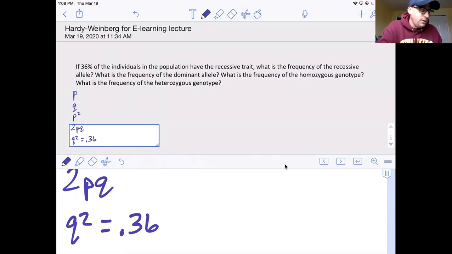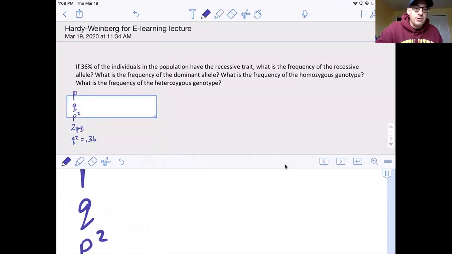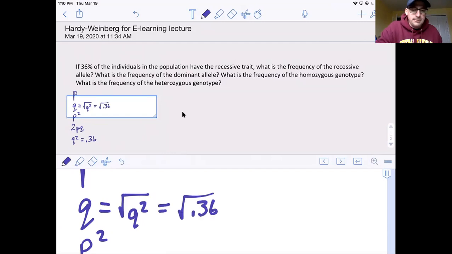Hopefully you came up with, if I know q squared, I can figure out the value of q by simply taking the square root of q squared. What that means is I'm going to be taking the square root of 0.36. And I know this isn't calculus, so some of you may struggle with this a little bit, but that is going to be equal to 0.6.